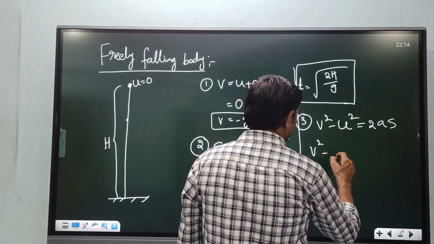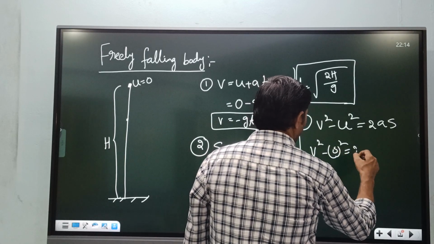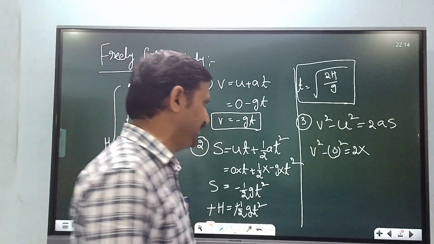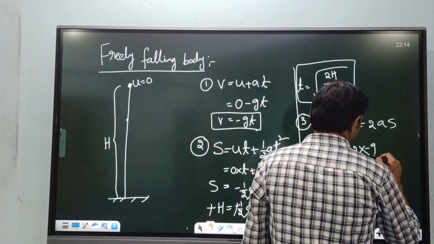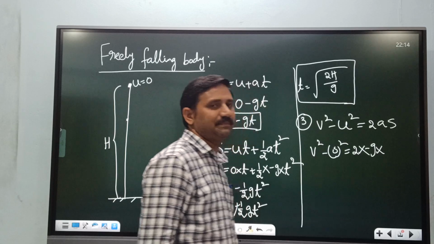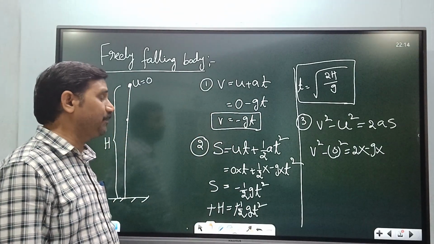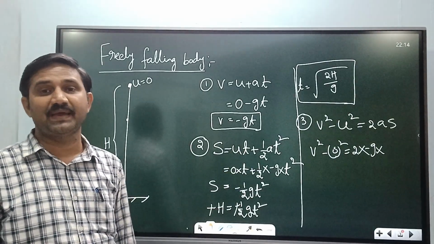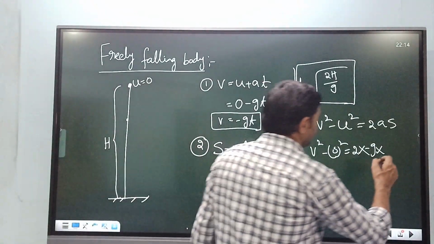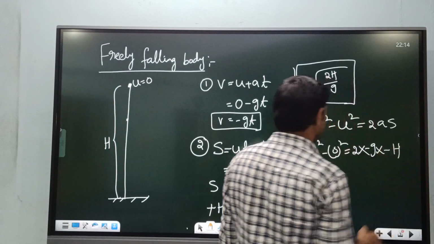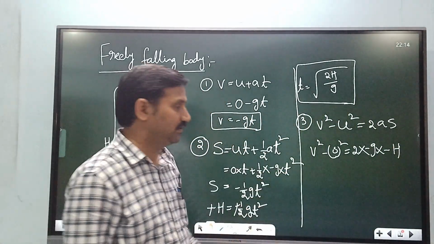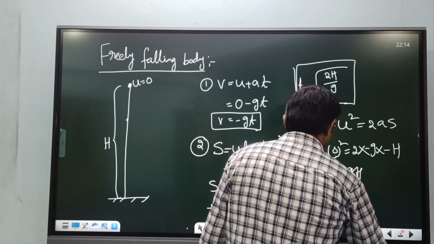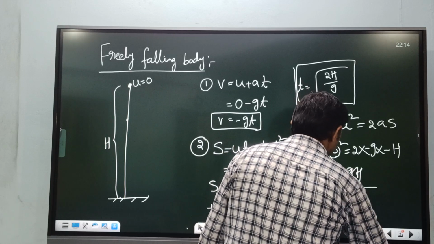So V square minus 0 square is equal to 2 into A, where A is the acceleration due to gravity, that is minus G. And here S is replaced by minus H, if the body reaches the ground. So V square is equal to 2gh and V is equal to root of 2gh.